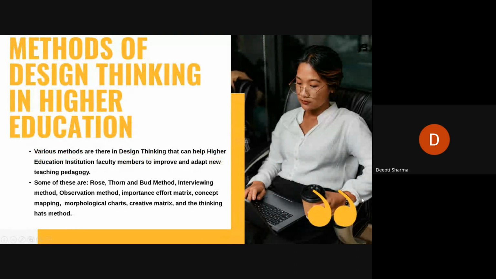Now let's consider the methods of design thinking in higher education. Various methods are there in design thinking that can help higher education institution faculty members to improve and adapt new teaching pedagogy.